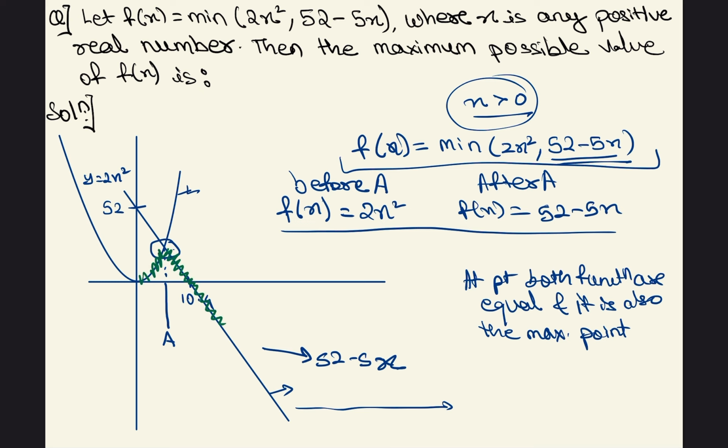As you can see, this is the point where the maximum possible value of f of x happens. So we already have a condition on which we will solve it now. At point A where 52 minus 5x is equal to 2x square, f of x is maximum.